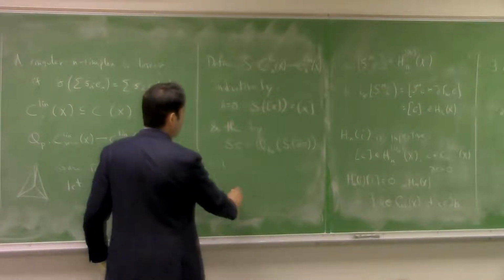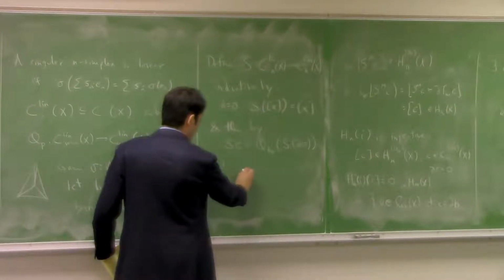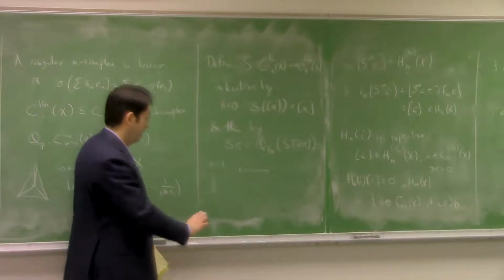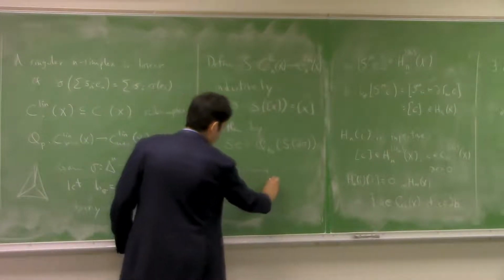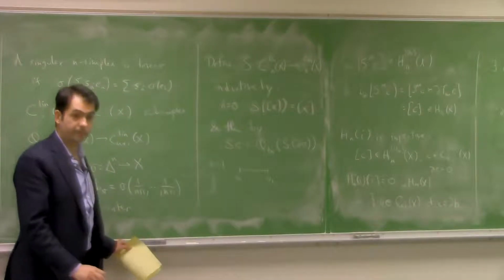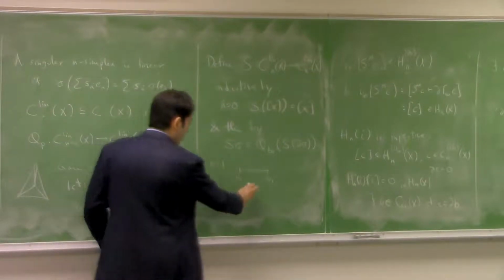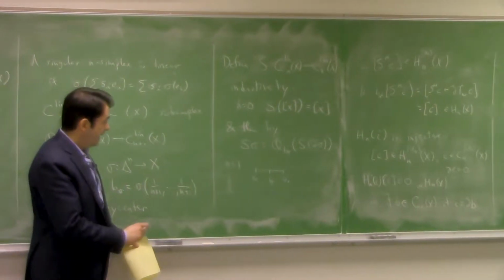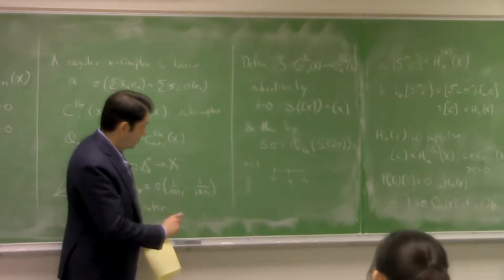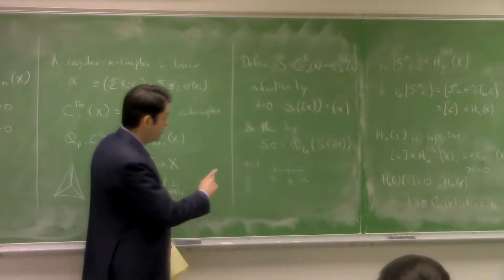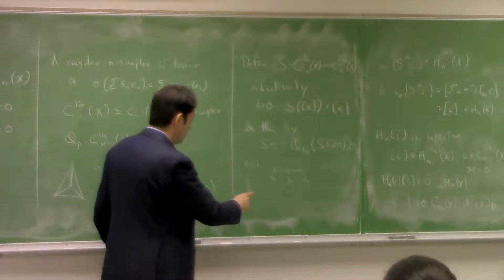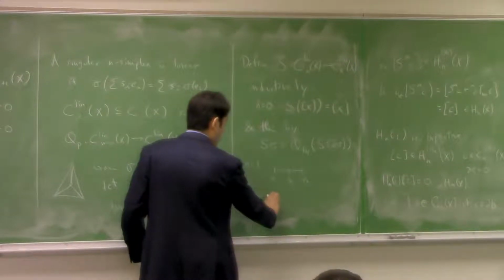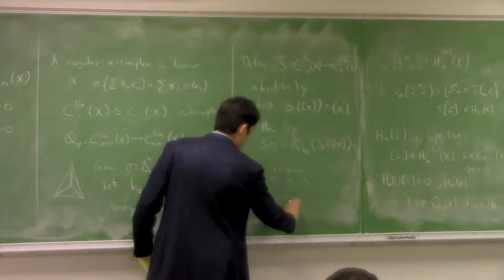So if n is equal to 1, then our simplex looks like an interval, and it has vertices v0 and v1. The barycenter would be right there in the center. S of the boundary: well, the boundary of sigma would be v1 minus v0.